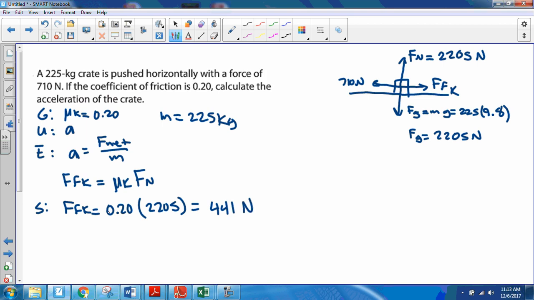That's Ffk. All right, so now we just have to do a equals Fnet over m. Now remember, Fnet comes from your free body diagram. So I had 710 going to the left, so that's negative 710. I have Ffk going to the right, so that's positive 441. Divided by the mass, which was 225.